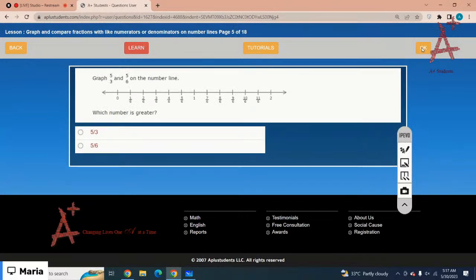Okay, graph 5 over 3 and 5 over 6 on the number line. So which is the correct option?